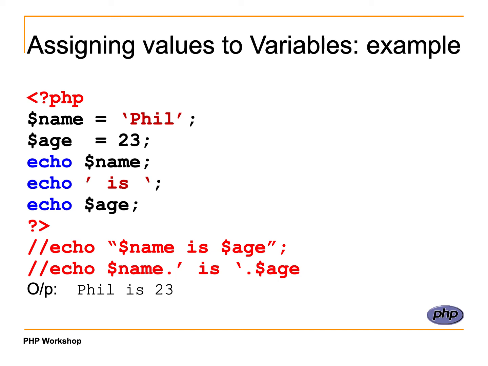Then echo ' is ' in quotes, and echo $age. So this will display Fill is 23. The echo command can take three different forms: echo $name, ' is ', $age; or echo "$name is $age"; otherwise $name . ' is ' . $age. The concatenation is performed using the period symbol, or dot operator.